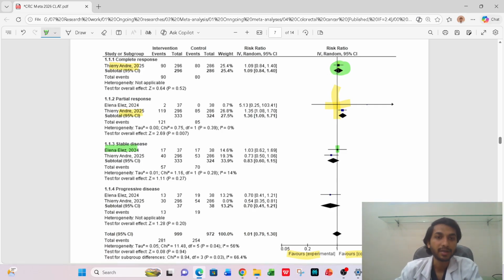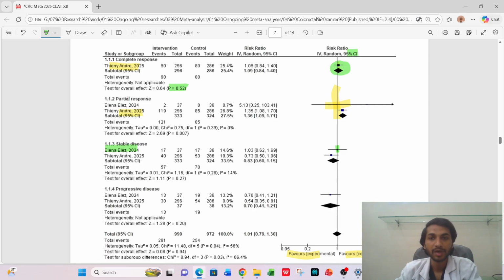If the diamond touches the line, the result would be non-significant, and you can see that from the p-value. The length of the diamond from this point to this point shows the 95% confidence interval.